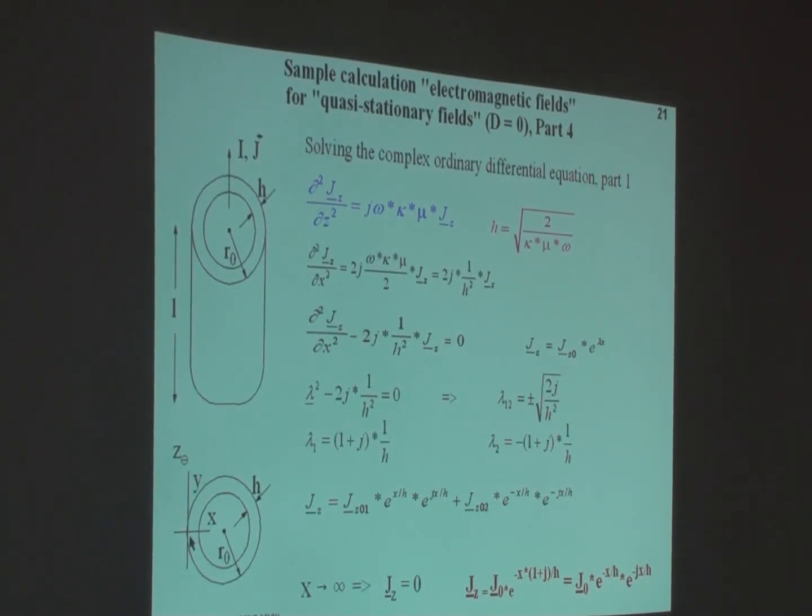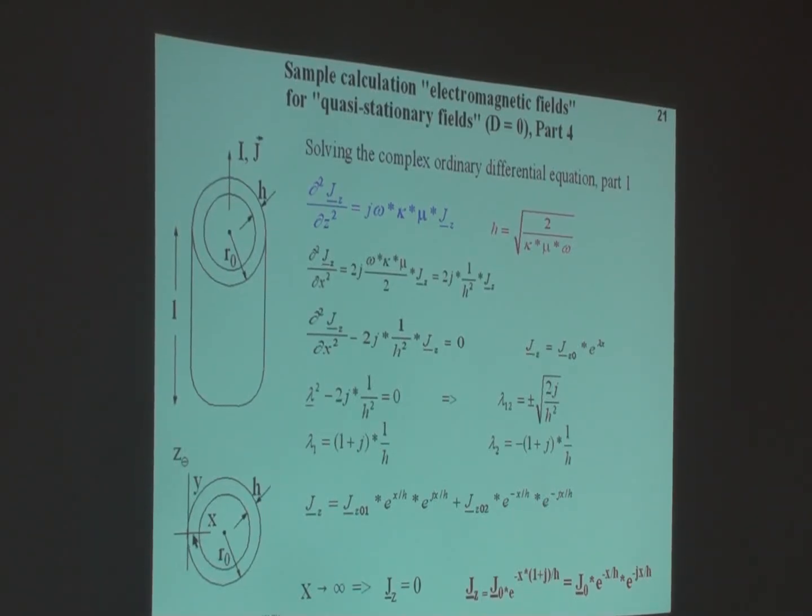Because if you have high current, we have a small skin depth, you have high current suppression. Then you have current only here and not here. If x goes very big, it has to be very small. So we have only the minus sign in x. This gives that we have only one constant, and that's the current density function.